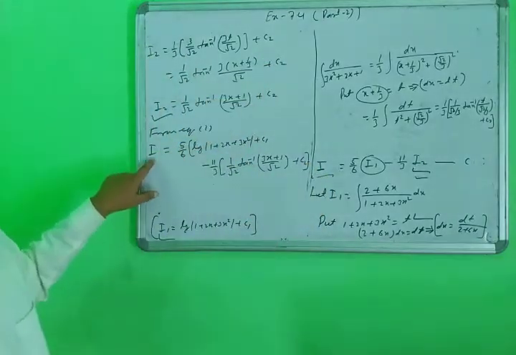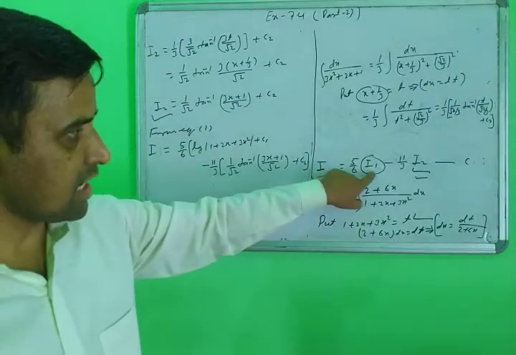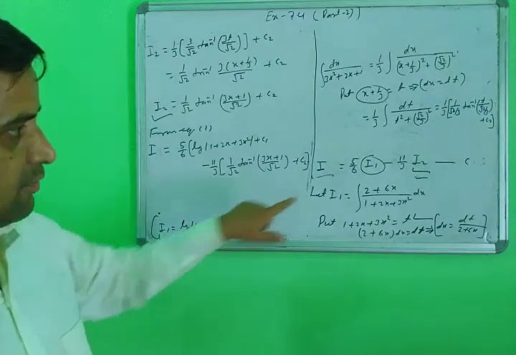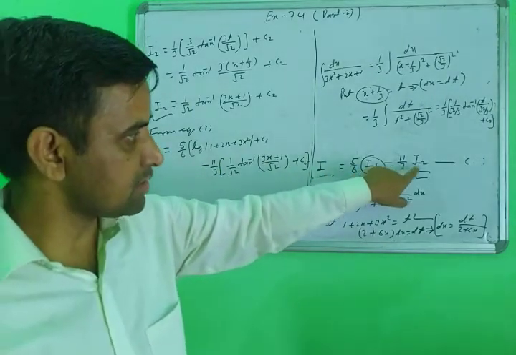First of all, this is the value of I1, equal to 5 by 6 I1, putting from here. I have already solved this part, I1 and minus 11 by 3 I2.